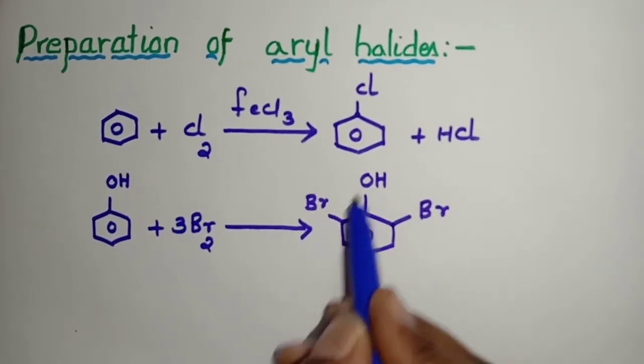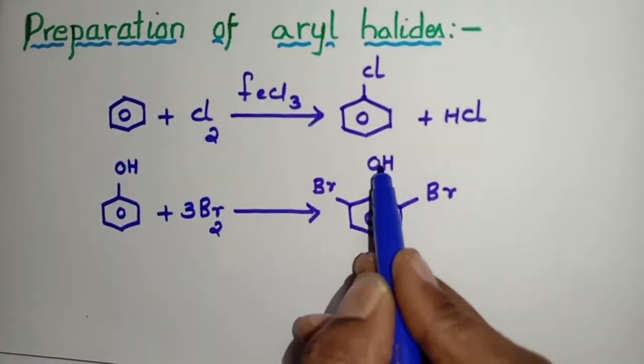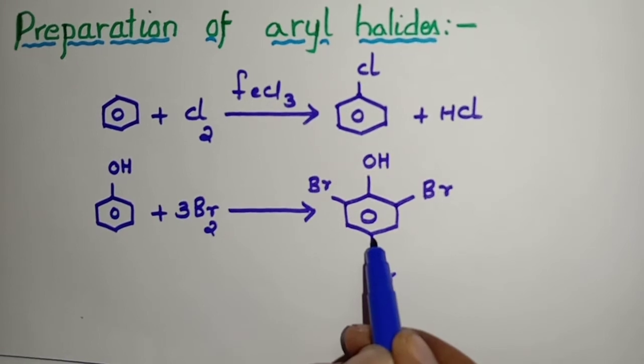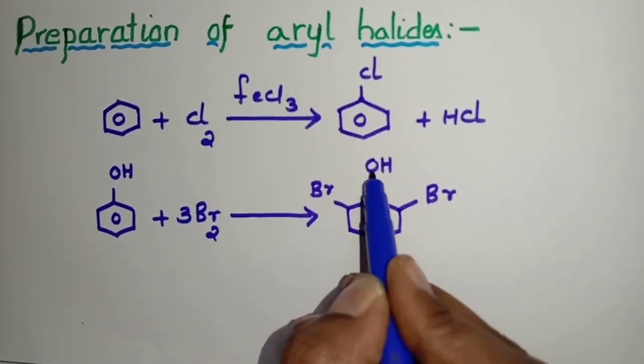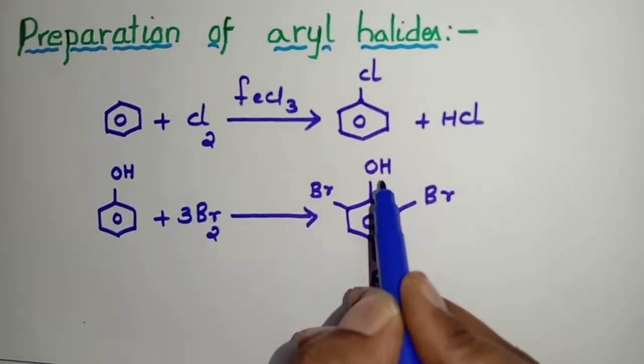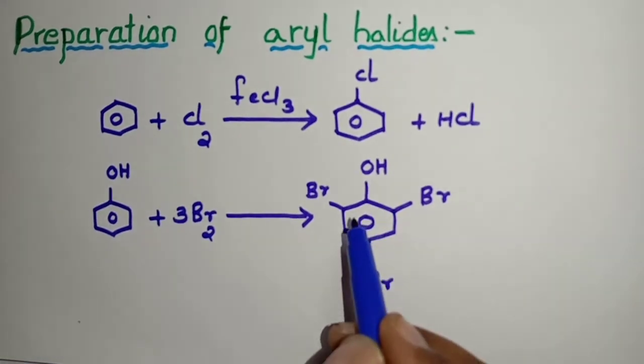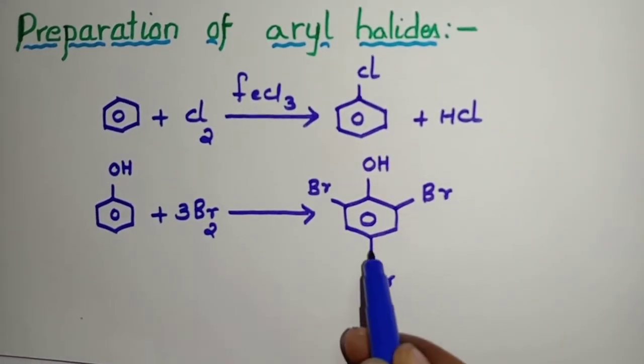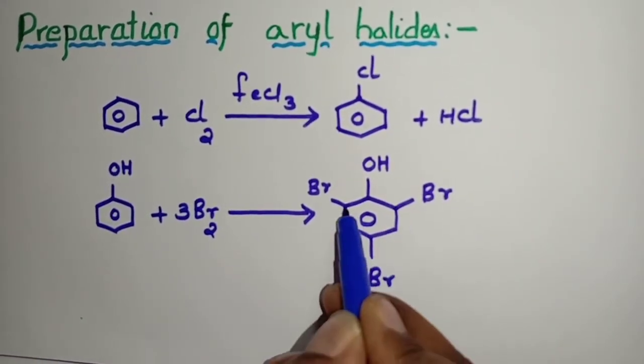So these two are ortho positions to OH group and this is para position. So this is an OP directing group, that means ortho para directing group, and hence 3 bromine atoms are substituted in the place of hydrogens.